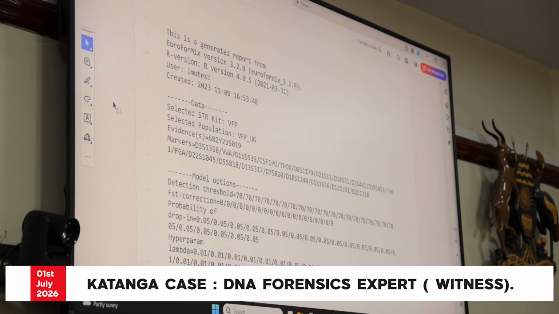Okay. And who is the user? The user is recorded as L. Mutesi. In forensic science, would that mean that's the person who entered this onto the system, or can someone else use their credentials? Is it a matter of science to know who the user is?